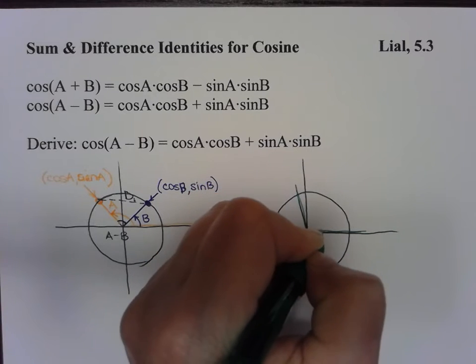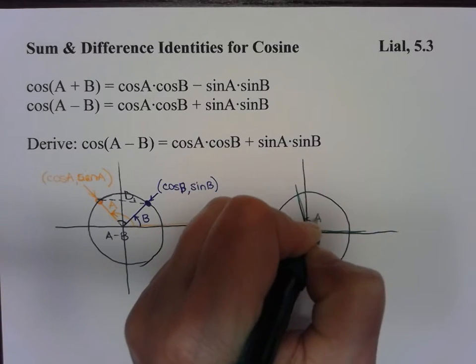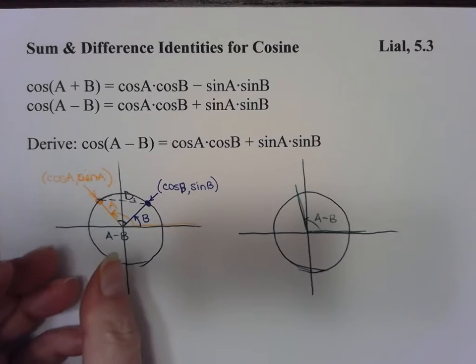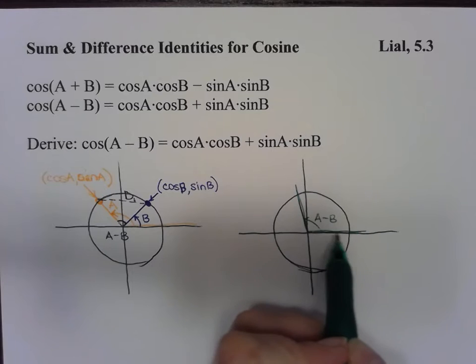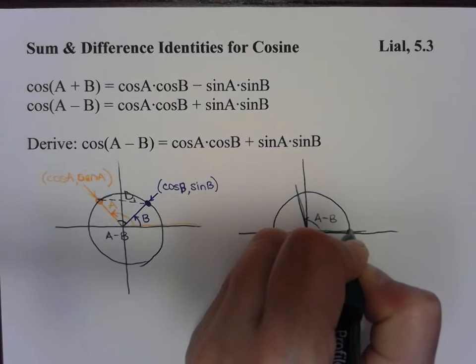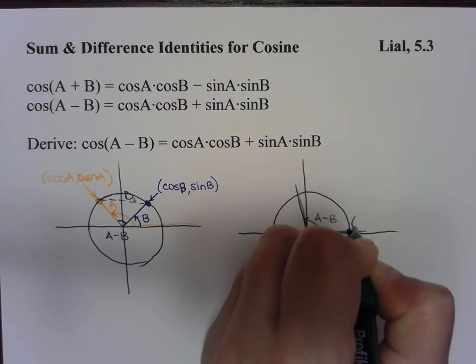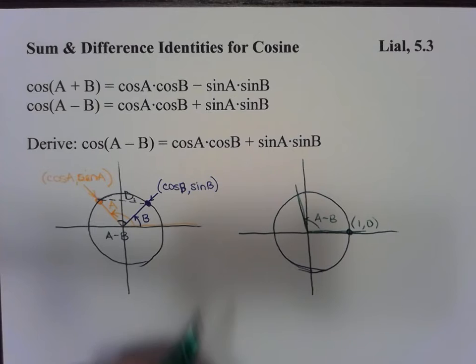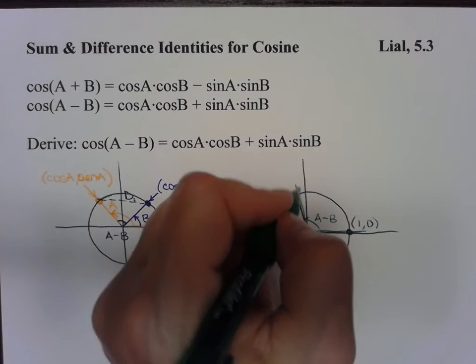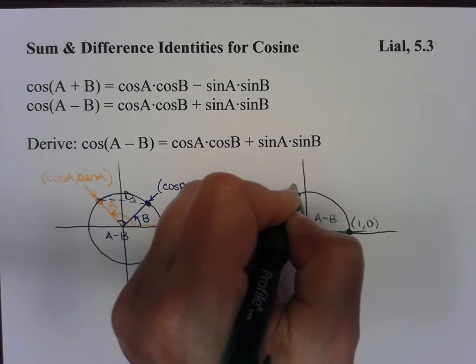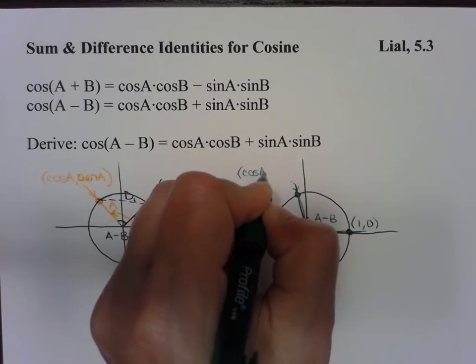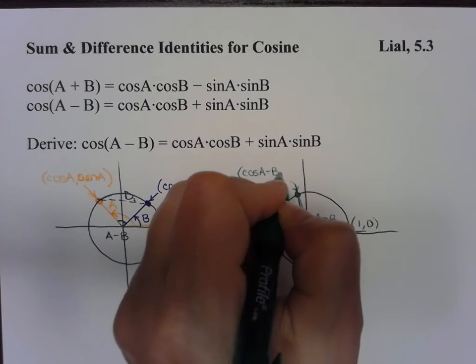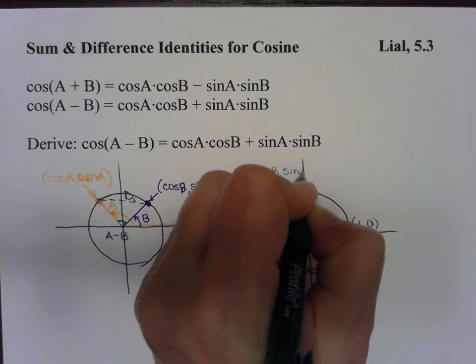And this is the angle A minus B also. It's just that we've rotated that triangle around to sit right on the x-axis. Now the points of interest: the first one is on the x-axis, so this would be 1, 0. And then this point would have coordinates cosine of A minus B and sine of A minus B.